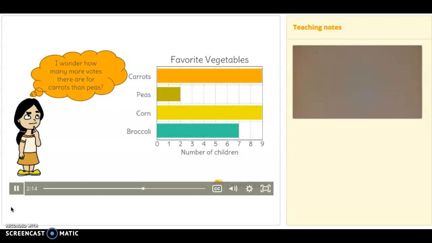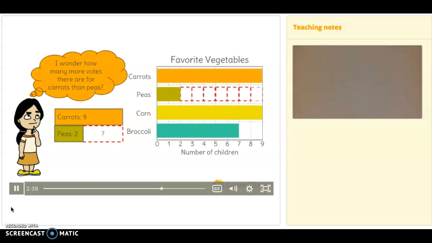Wow, Sam is thinking, carrots have a lot of votes. 9 votes. Peas didn't get very many votes. They're not my favorite either. Just 2 votes for peas. So we can count up. 1, 2, 3, 4, 5, 6, 7. Or we could subtract. 9 minus 2 equals 7. Carrot had 7 more votes than peas.